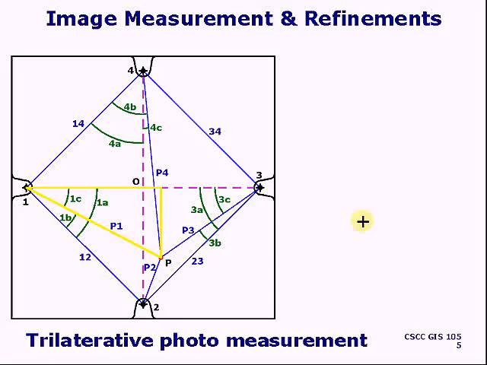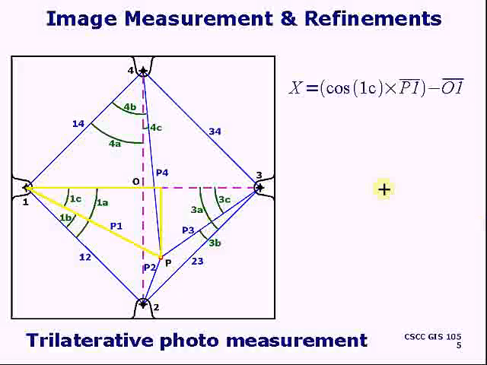What we have now is a triangle. We have the angle, and we have the hypotenuse, which we measured. To compute the x, we take the cosine of the angle. We computed the angle, just punch in the cosine of that angle times the hypotenuse, and that gives us the total x distance.